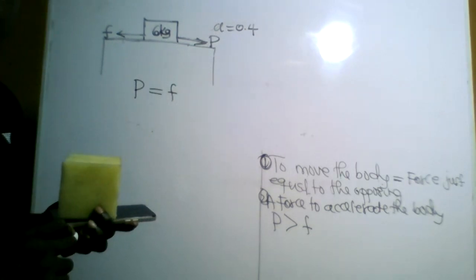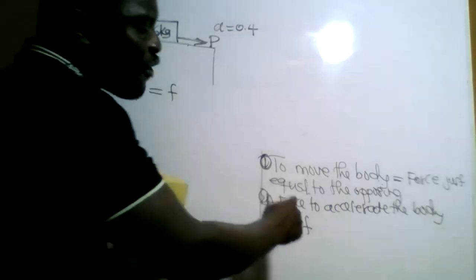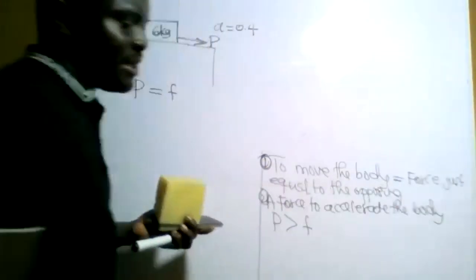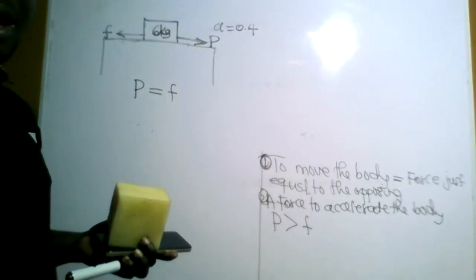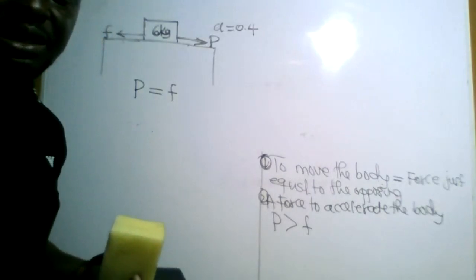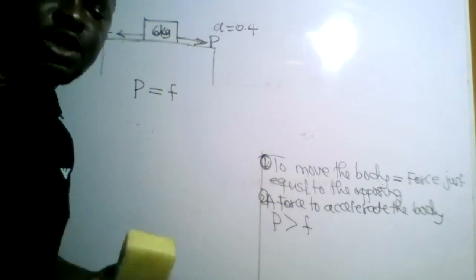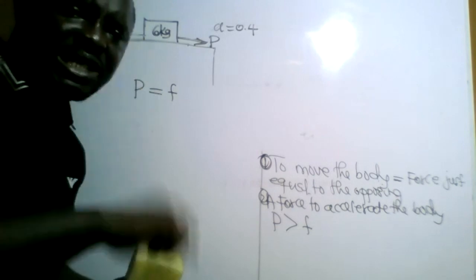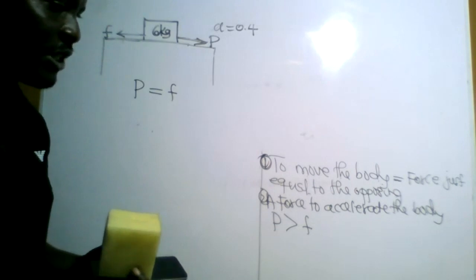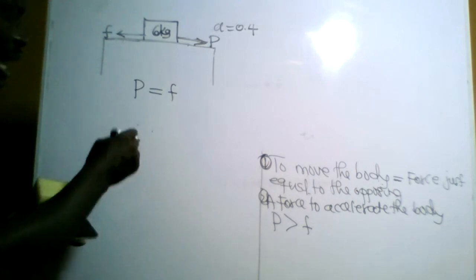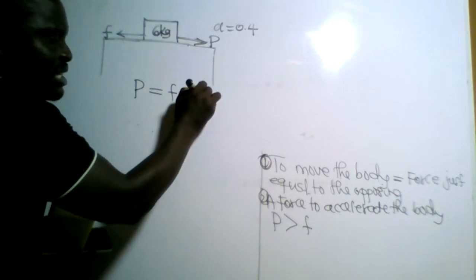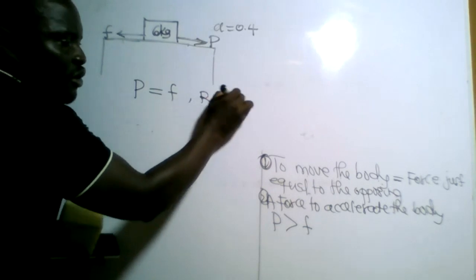Another question can be a force to accelerate the body. Acceleration is caused by a net force or a resultant force. So in the first situation, the resultant force is 0.